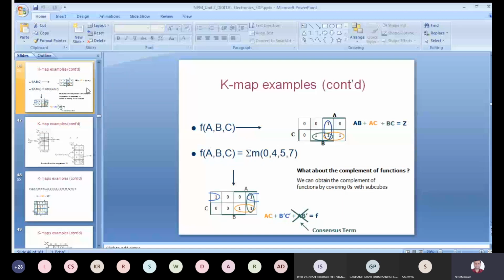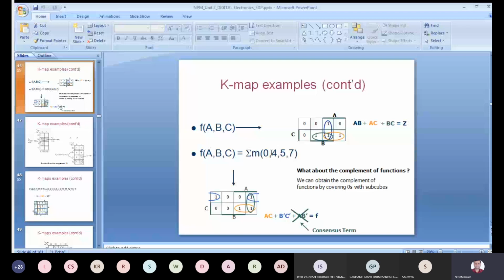Okay. So now please go for this problem. Note down this problem. Function of A B C is equal to summation of m 0 4 5 7. As the summation of m sign is there, that equation is in SOP form.